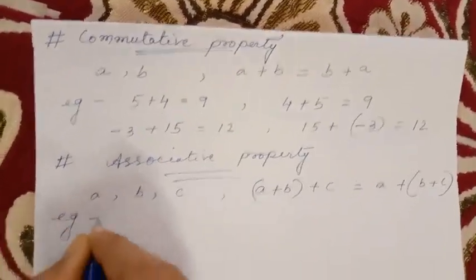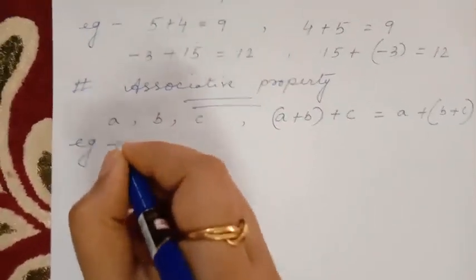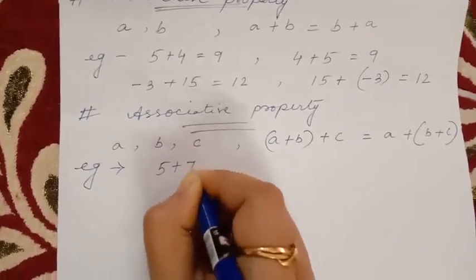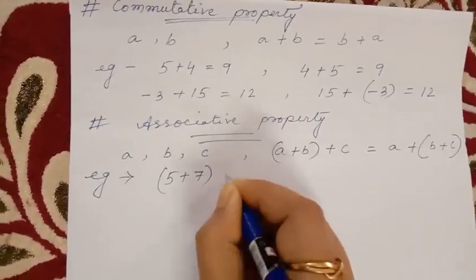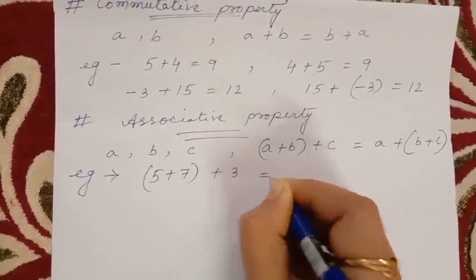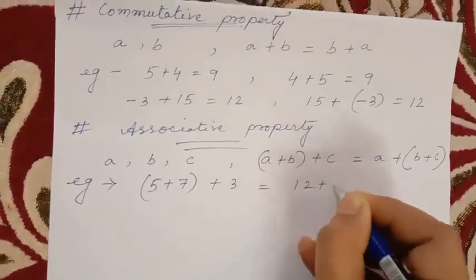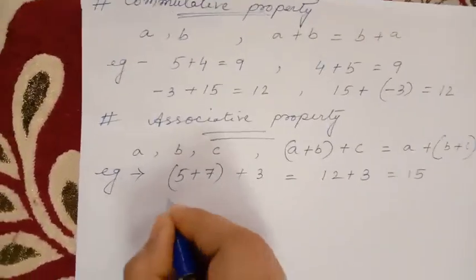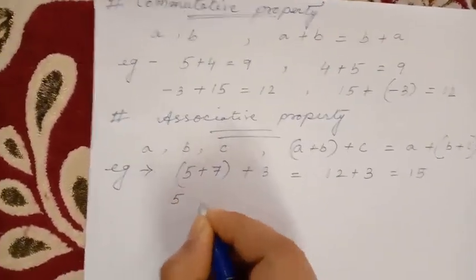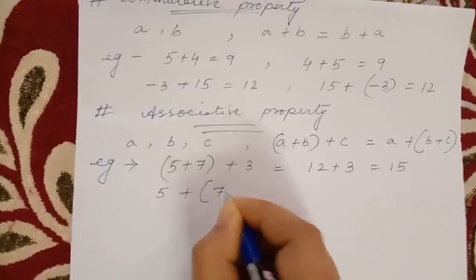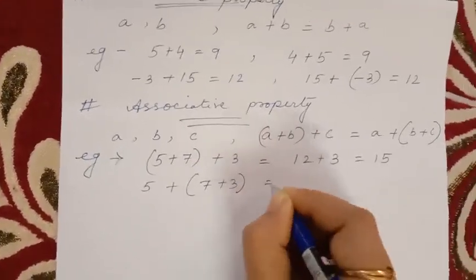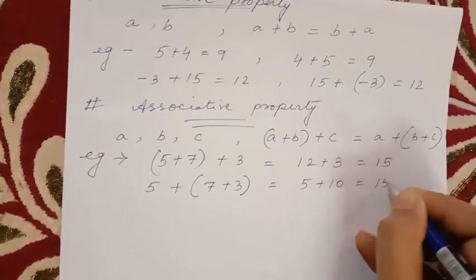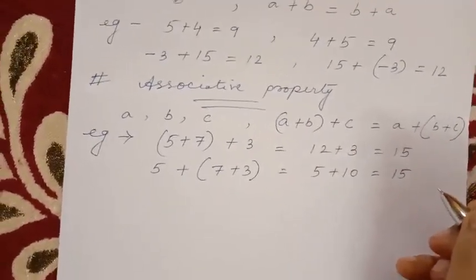So for example, (5 plus 7) plus 3 equals 12 plus 3 equals 15. Now 5 plus (7 plus 3), so 5 plus 10, that equals 15.